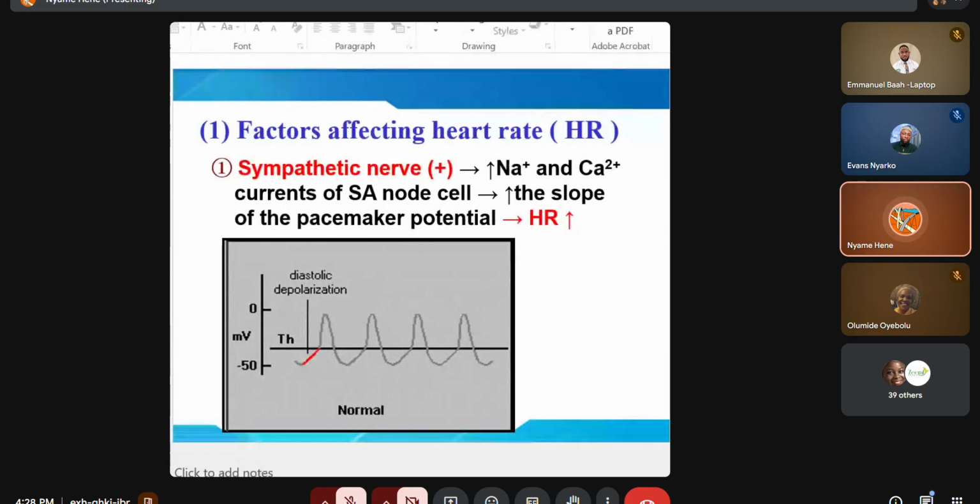The pumping activity that you are seeing has some electrical activity driving the whole thing. How does it pump? There's no battery in there. So there is a naturally made engine in the heart at the SA node. We call it the pacemaker.